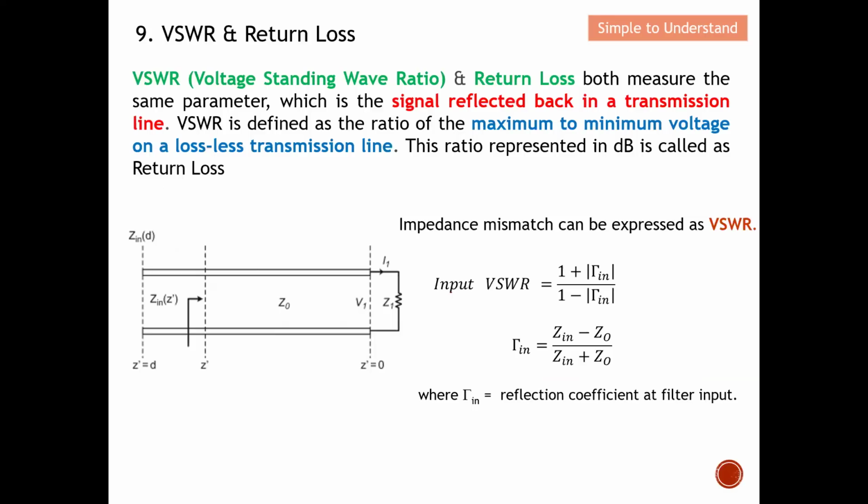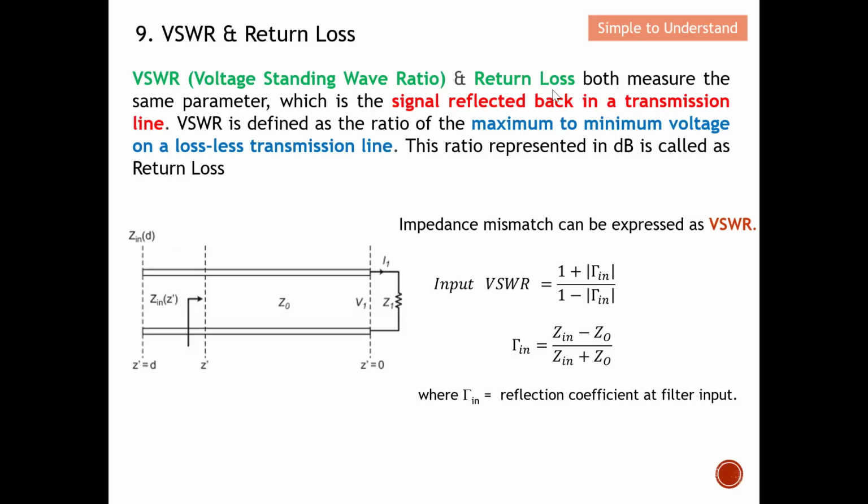When we want to have a band stop, the incident wave will reflect back. The more the signal is reflected back, the less energy will be able to pass through the filter, and the less data will appear at the output of the filter. So this is very important for VSWR in filter design.